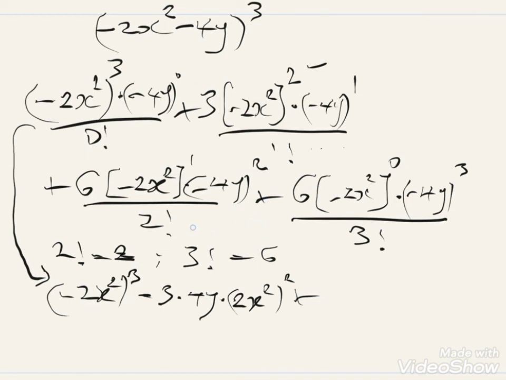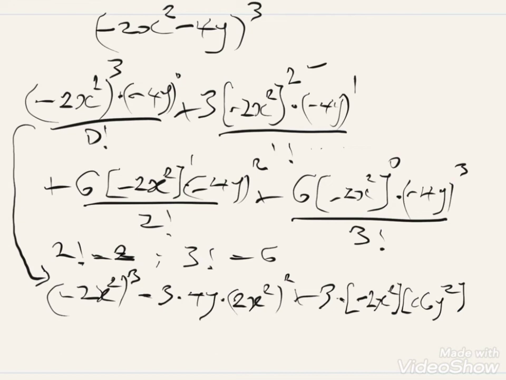Okay, but first of all, we shall divide 2 factorial, which is 2, by 6. That is 6 over 2 will give me 3. Okay, so I will have 3 times bracket (-2x²) times (-4y) all squared, which will give me 16y².